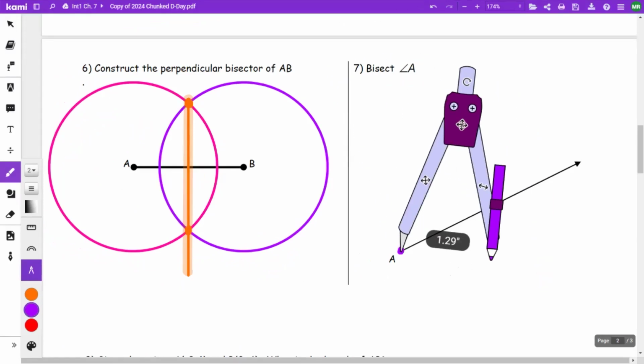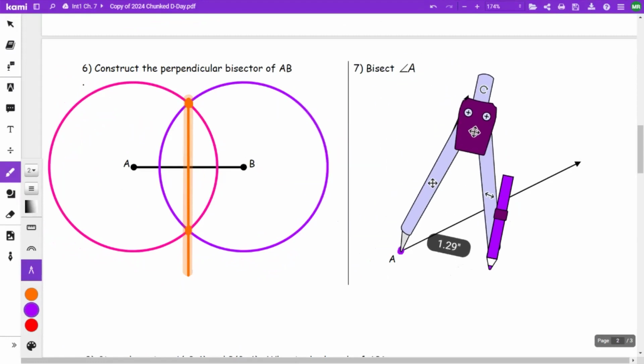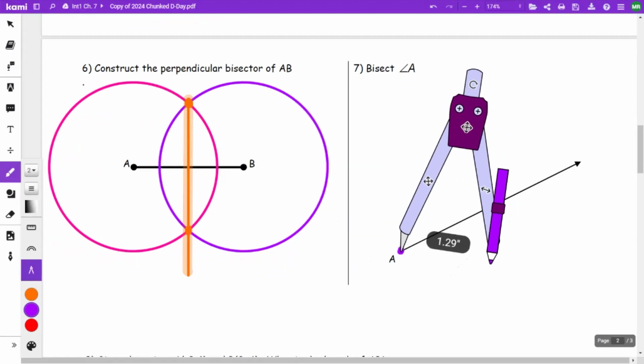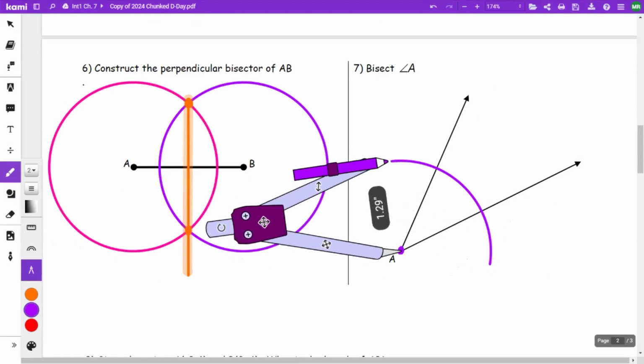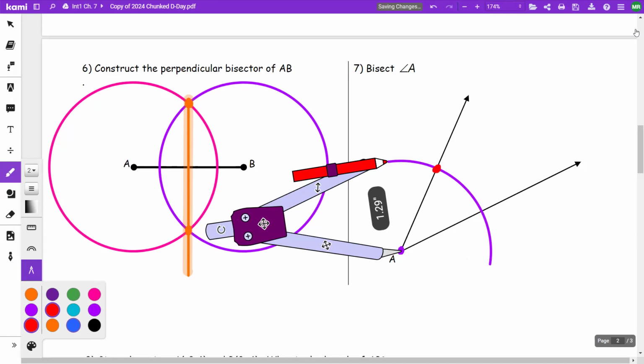As long as I can cross both sides, okay. I don't need to go all the way around as a whole circle, I just need to touch those 2 spots. I have a point here that it crosses, and a point here that it crosses.